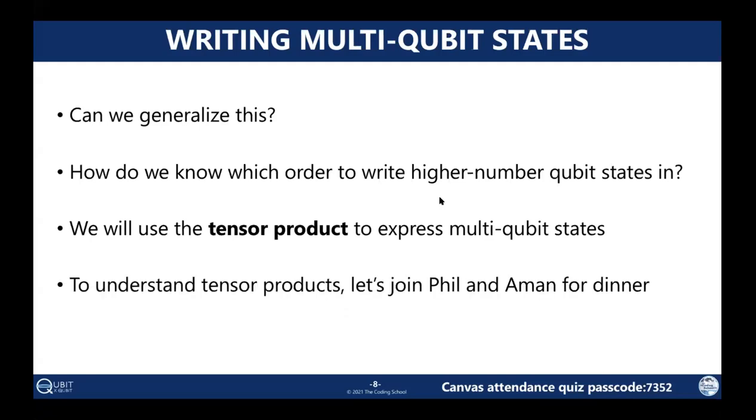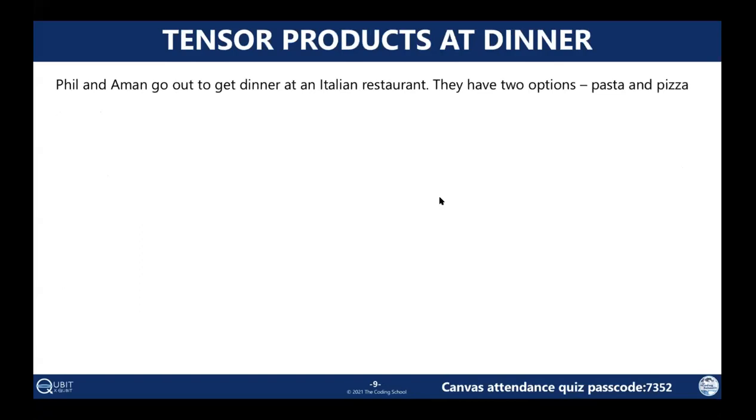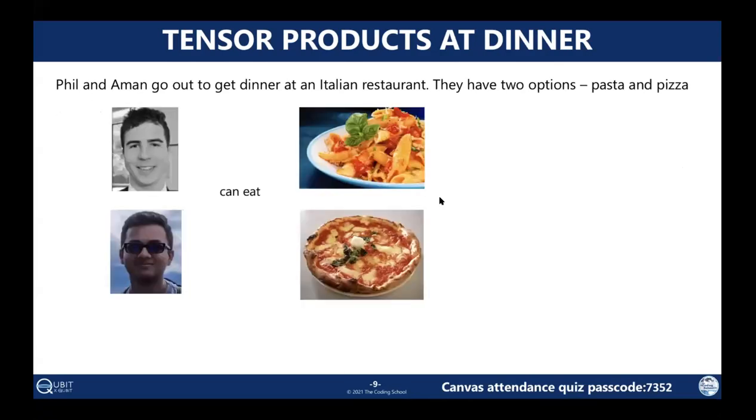And to give a less quantum analogy, we're going to use Phil and Aman, who are 2 of the other TAs, and they're going to go to dinner at an Italian restaurant, and they're going to order one of the 2 meals available, which is pasta or pizza. This is Phil, this is Aman, and they can choose one of these 2 dishes, but these are the only 2 dishes available for now.